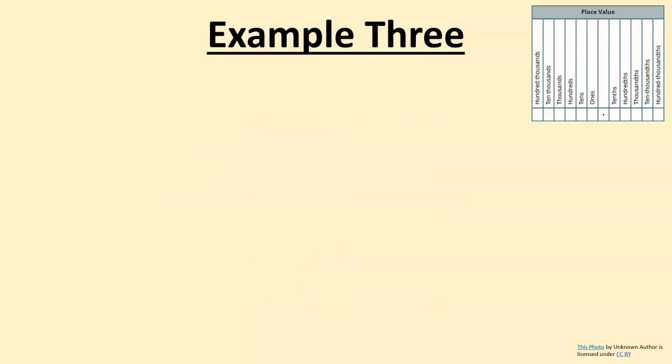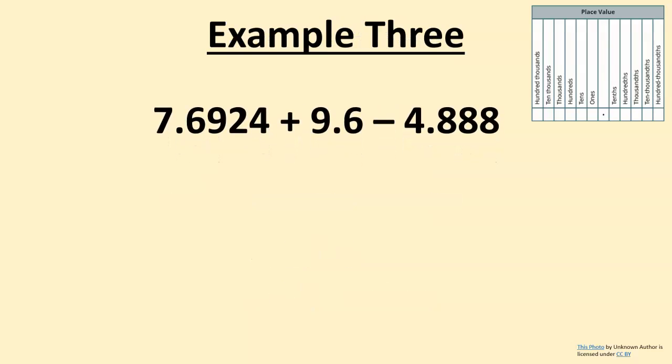For example 3, in addition and subtraction, I want to give you a little bit of mixed media because I want you to understand that the rules don't change between addition and subtraction. So we have 7.6924 plus 9.6 minus 4.888. Now our 7.6924 falls into the 10,000ths place, our 9.6 falls into the 10ths place, and then our 4.888 falls into the thousandths place.